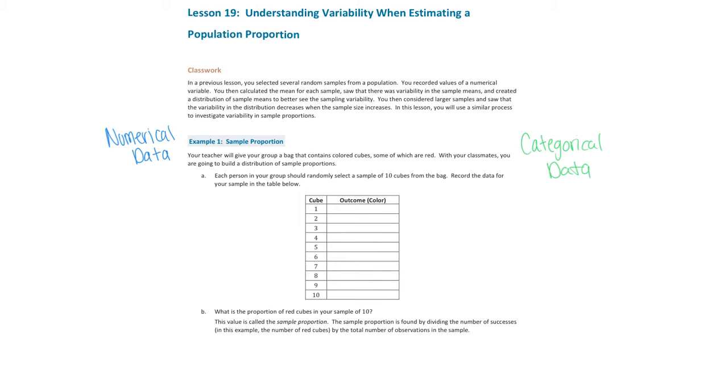Numerical means that our statistical question answer is in numbers. And to get numbers, we have to use numbers from data to complete that. With this lesson today, we're going to be working with categorical data. Categorical data means that we are not answering a statistical question by using a number. So it's the opposite of numerical data.